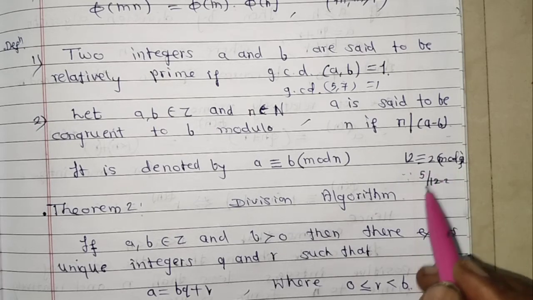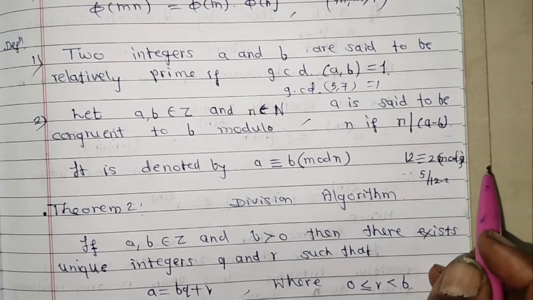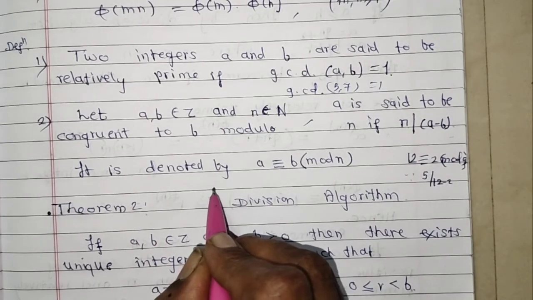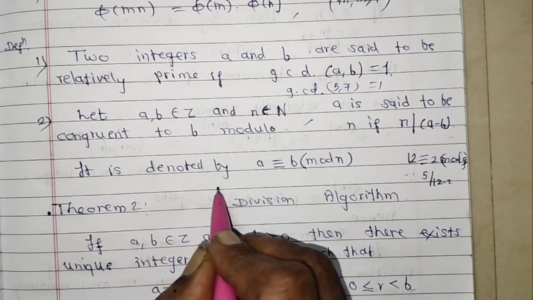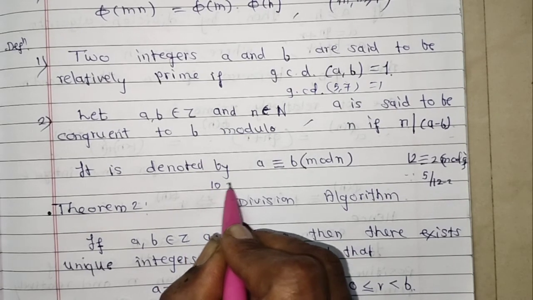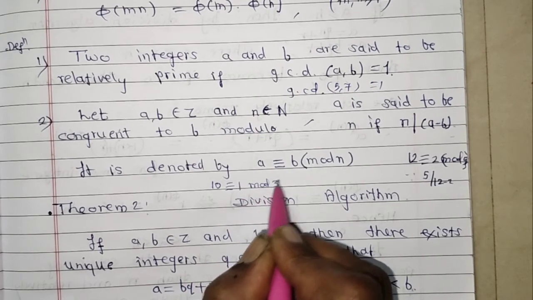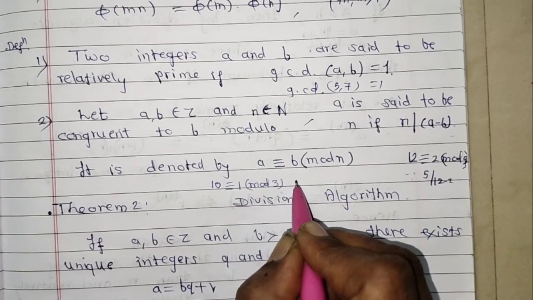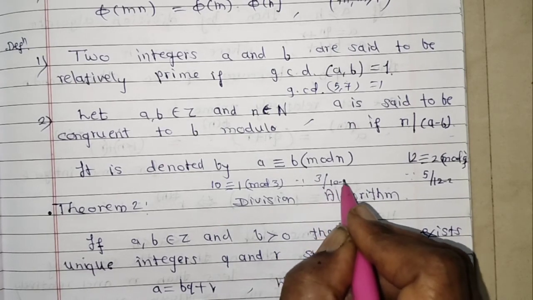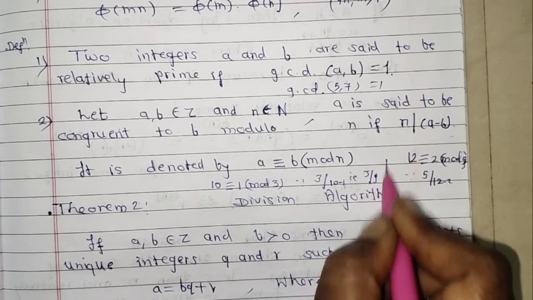It means 5 divides 12 minus 2. Also, you can take another number, that is 10 is congruent to 1 modulo 3 since 3 divides 10 minus 1, that is 3 divides 9.